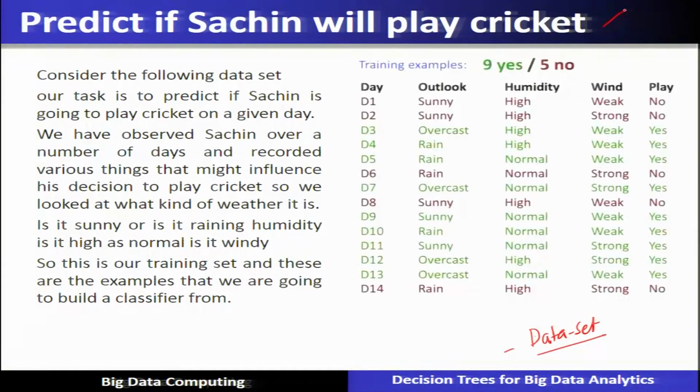The query is that we want to predict if Sachin will play cricket or not. To answer this query, we have observed the details of Sachin playing and also the weather conditions over 14 days, day 1 to day 14.